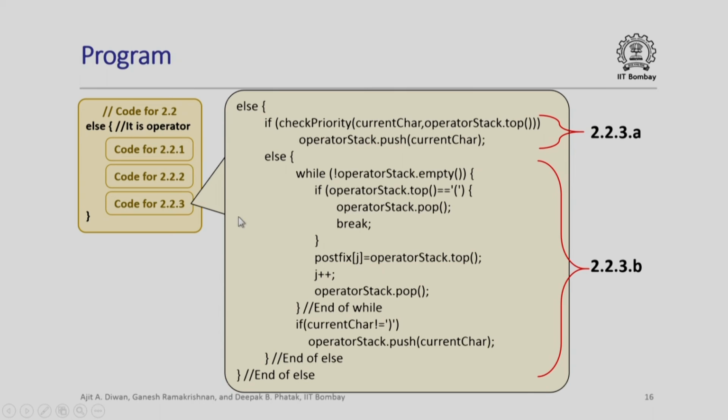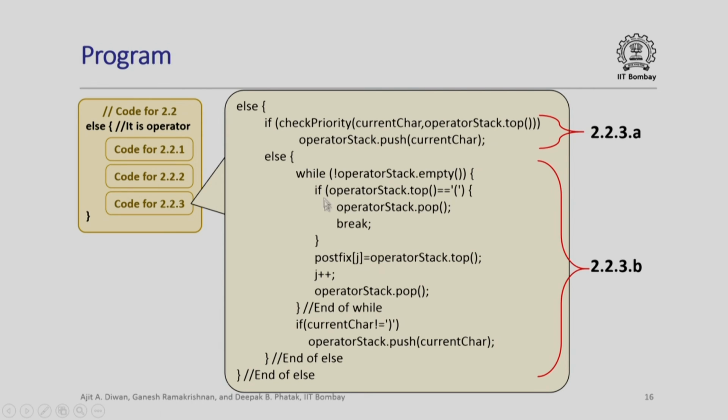This is the code for 2.2.3. It is slightly larger code, but you will be able to easily understand it. First, I check priority. If the priority is appropriate, I will do operator stack dot push. If the priority is not appropriate, then I will have to look at removing the top item from the stack and pushing it onto the output string, provided there is a top operator.